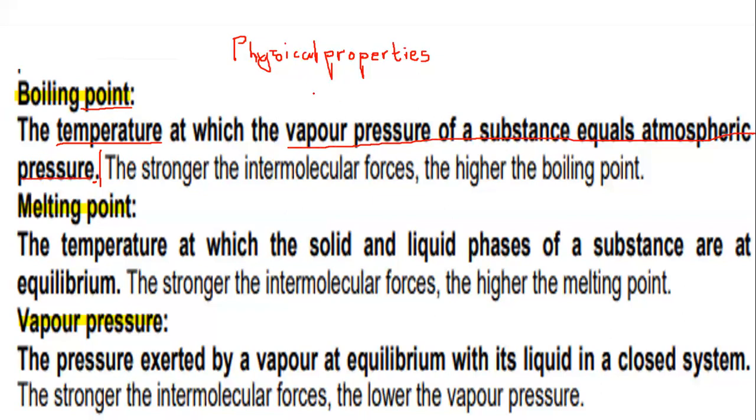In other words, the pressure that is formed by the vapor, when it is equal to the atmospheric pressure, in other words, the pressure that is on the outside, the external pressure, then we know at that particular temperature, it is the boiling point, because now the vapor pressure of that substance is going to be equal to the atmospheric pressure. So that temperature, when these two pressures are equal, we refer to that as the boiling point.